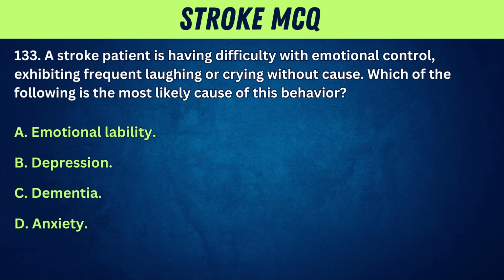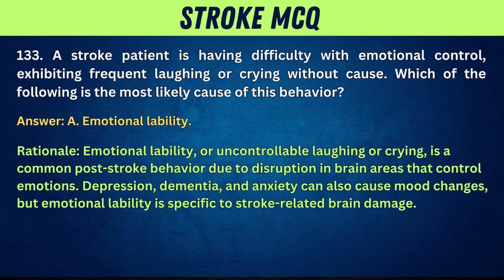133. A stroke patient is having difficulty with emotional control, exhibiting frequent laughing or crying without cause. Which of the following is the most likely cause of this behavior? A. Emotional lability. B. Depression. C. Dementia. D. Anxiety. Answer: A. Emotional lability.